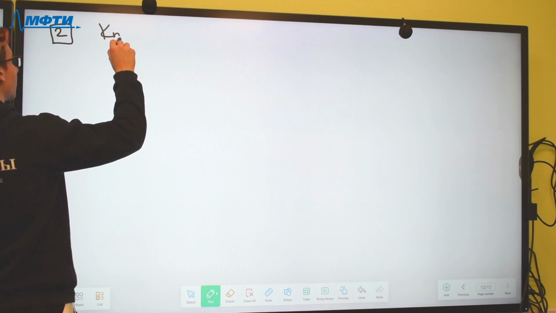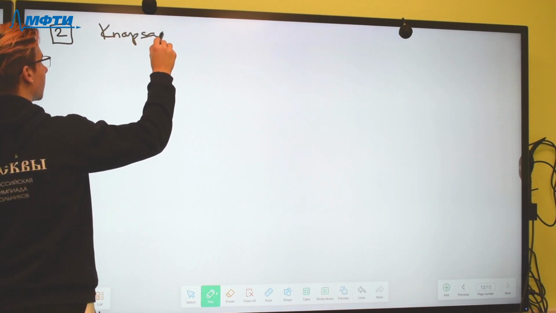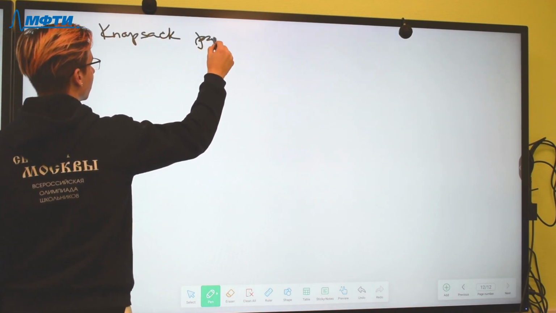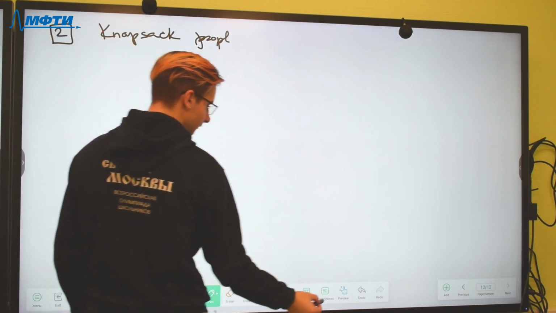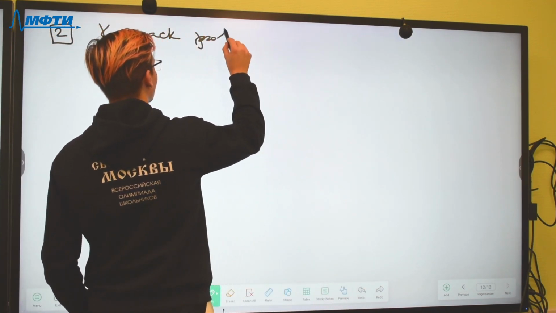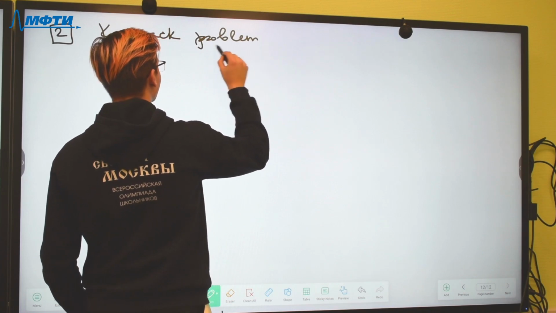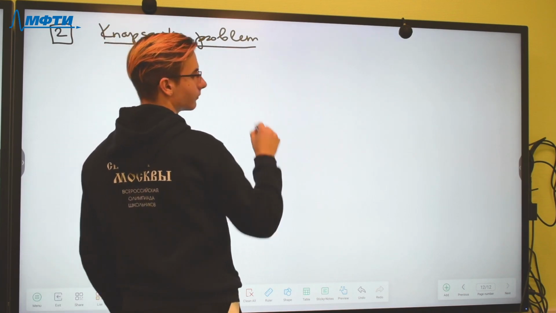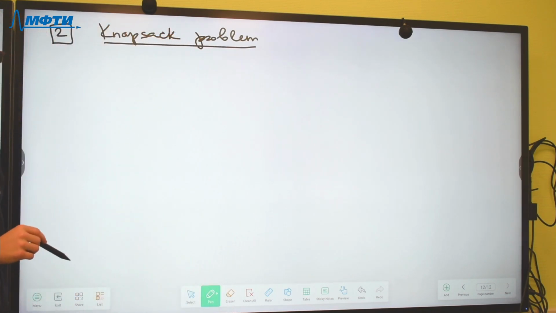It is the knapsack problem. Do you know what is this knapsack problem?